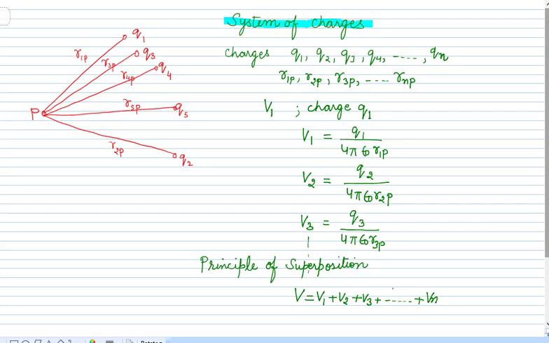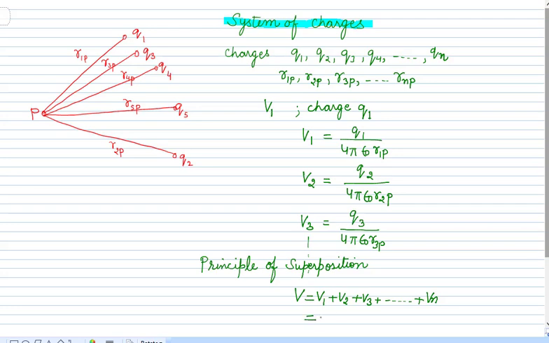So by the superposition principle, the total electrostatic potential V at point P due to the total charge configuration is the algebraic sum of potentials due to individual charges. Here we are adding these individual potentials, and we will have the total electrostatic potential.